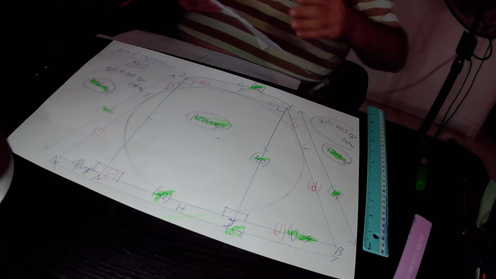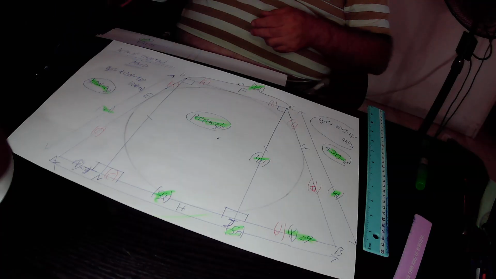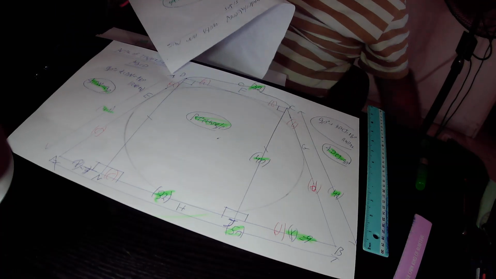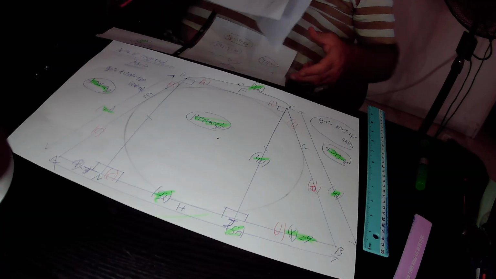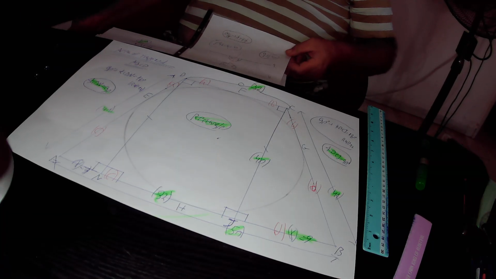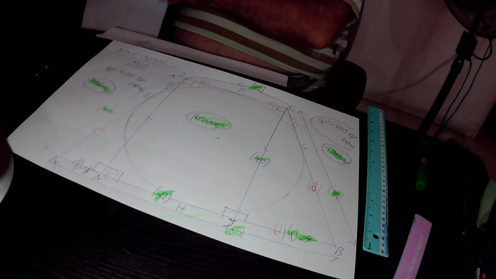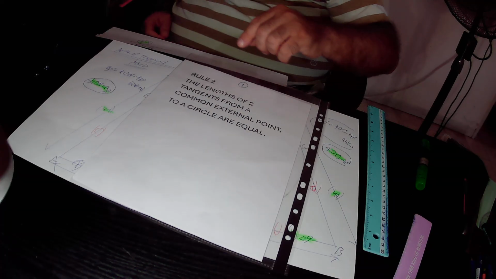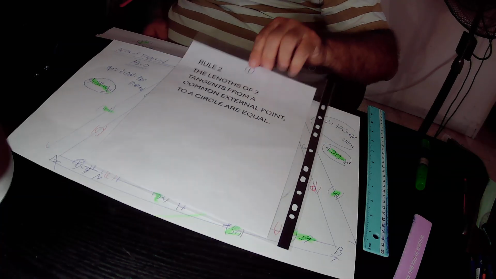So, in the first step, I presented to you rule 2 and implemented rule 2 in our drawing. According to rule 2, the lengths of two tangents from a common standpoint to a circle are equal.